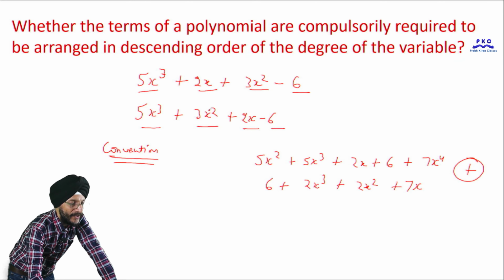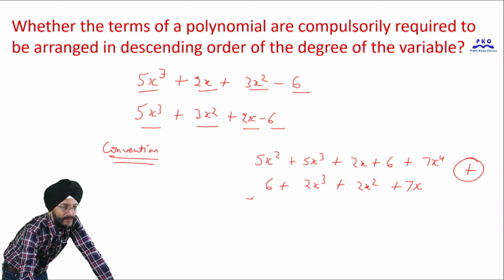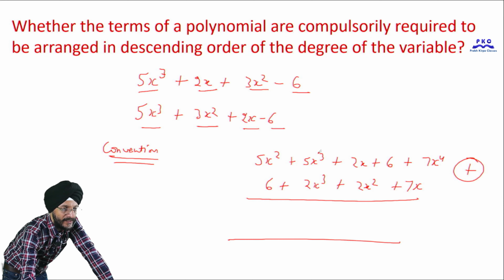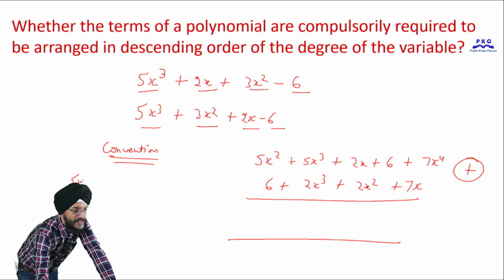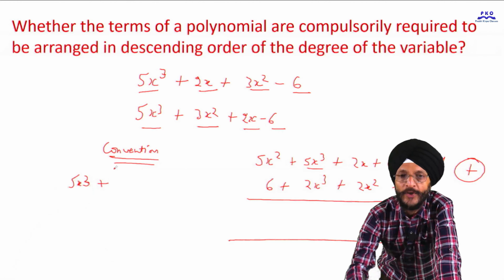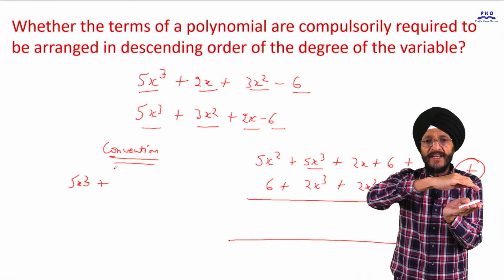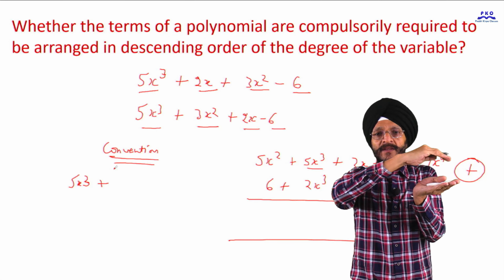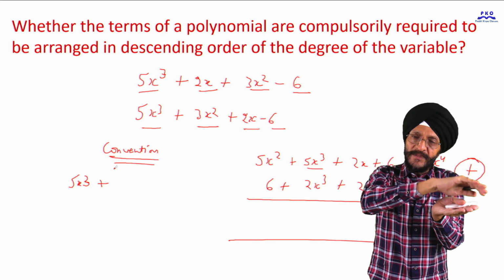Now, if we are to do the addition, will it be possible to add in this way? No. We will have to write the polynomials in such a way that the term with the highest power comes first.